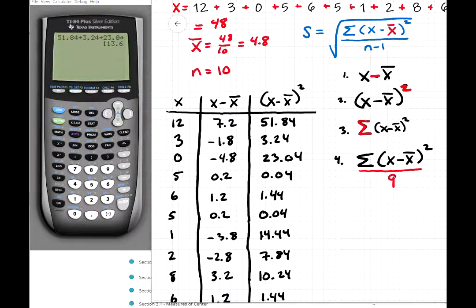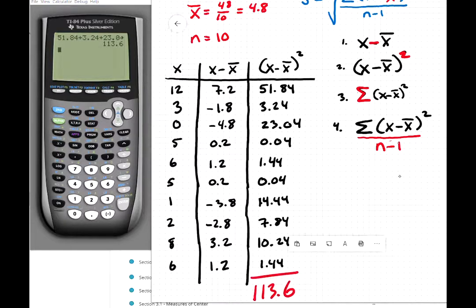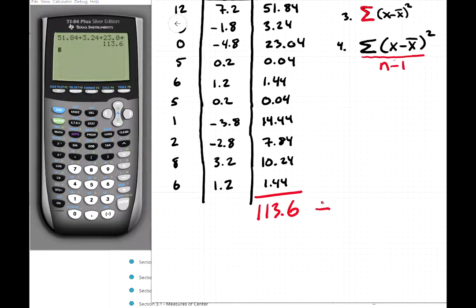N minus 1, in this case, n is 10. There's 10 data values in the problem. So we'll divide by n minus 1, which is 9.